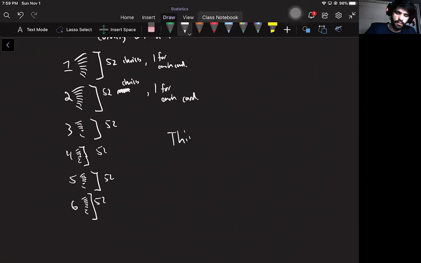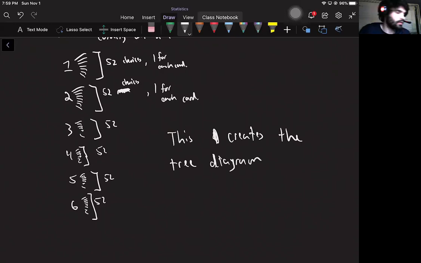Okay, so this creates the tree diagram. And this is what lets us visualize the total number of possibilities, which is the bottom number in the fraction.